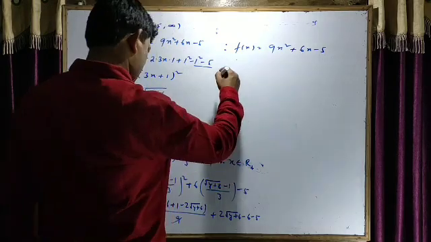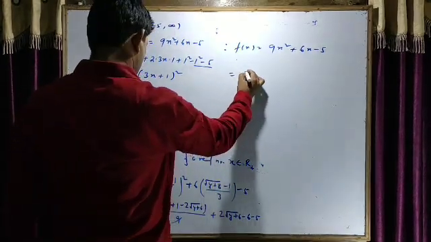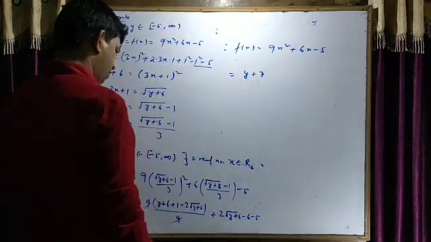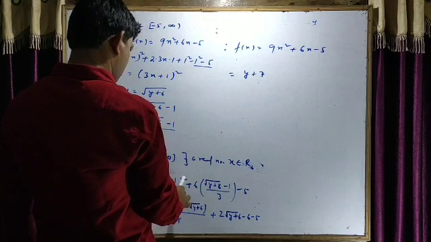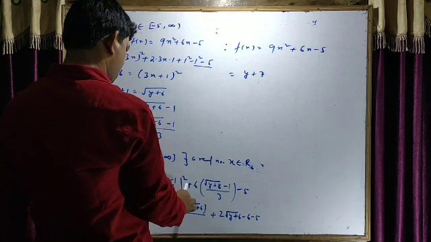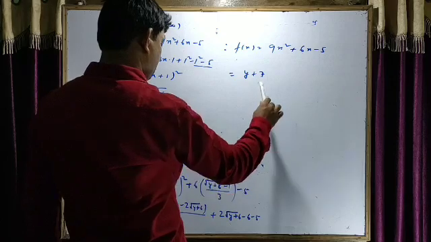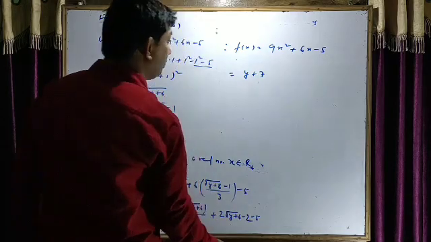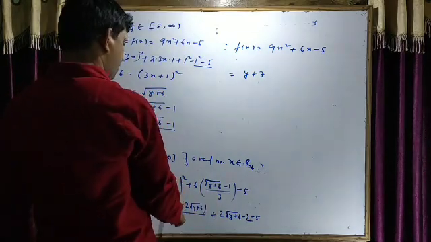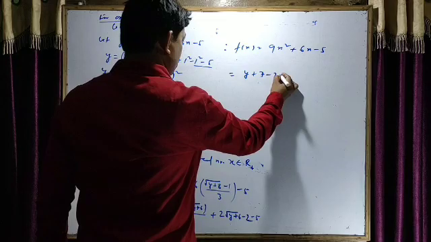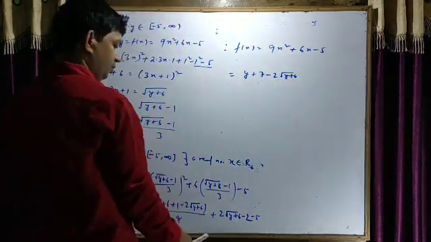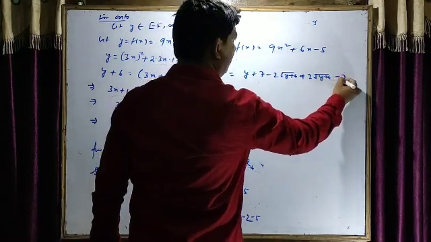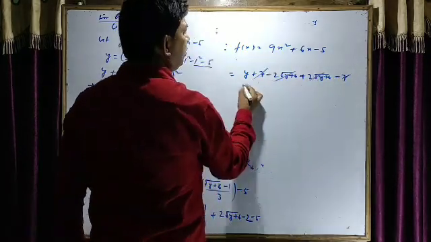Again, solve it. This equals y plus 7 minus 2 root y plus 6 plus 2 root under y plus 6 minus 7. So this is y.